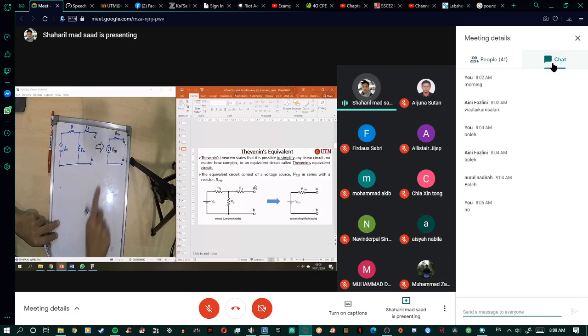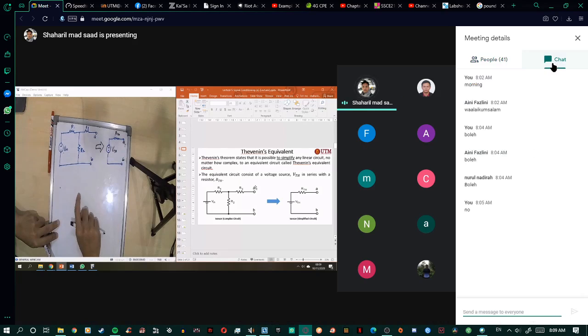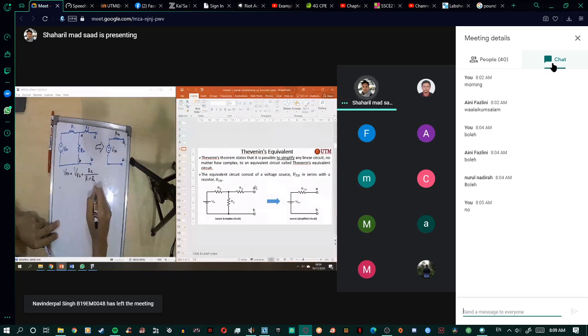So how to find VTH? Normally the voltage here at A and B is in parallel with R2, so VTH is equal to V R2, that means the voltage divider: R2 over R1 plus R2, times V in.